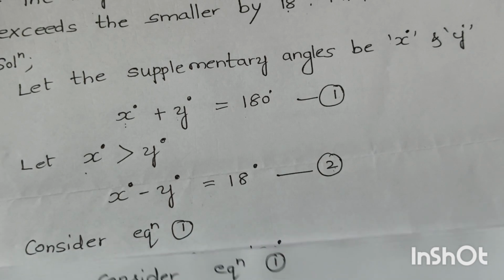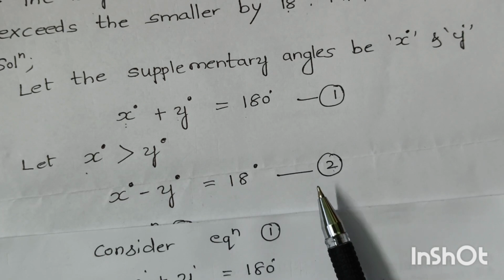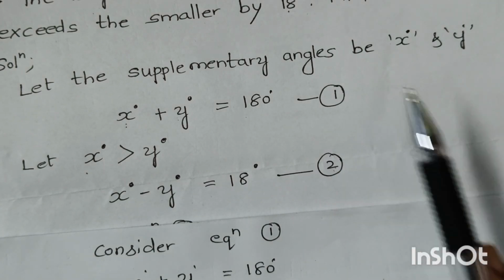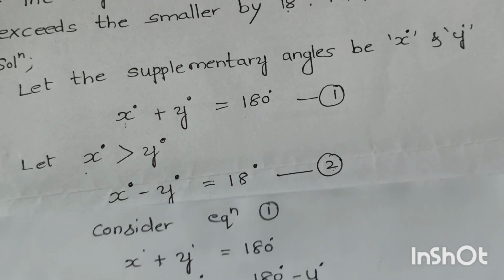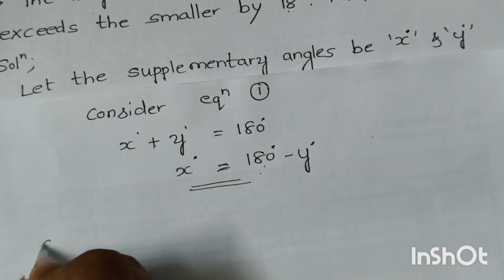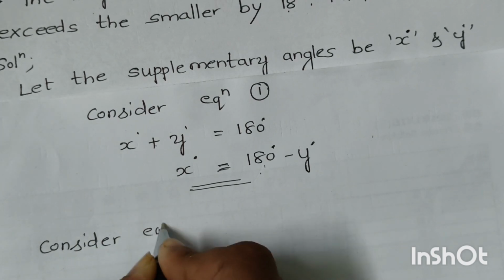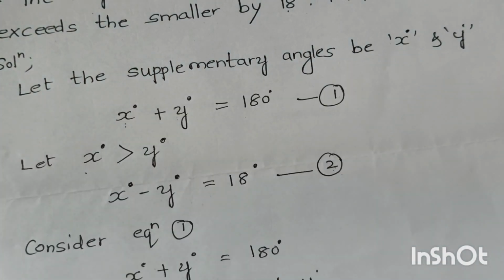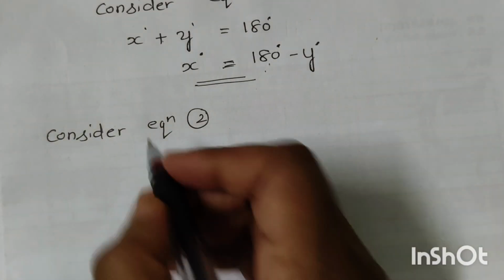Now let us substitute the value of x in equation 2. We got this value of x from equation 1. Now consider equation 2, that is x minus y is equal to 18 degree.